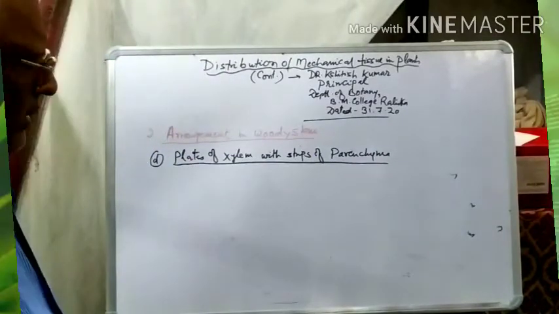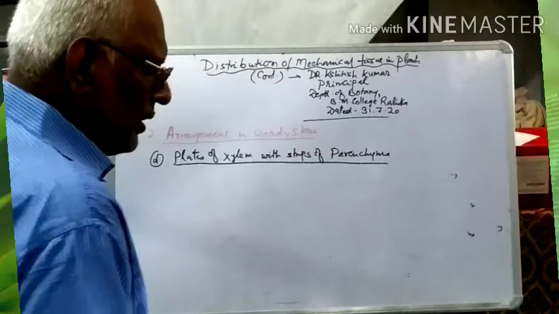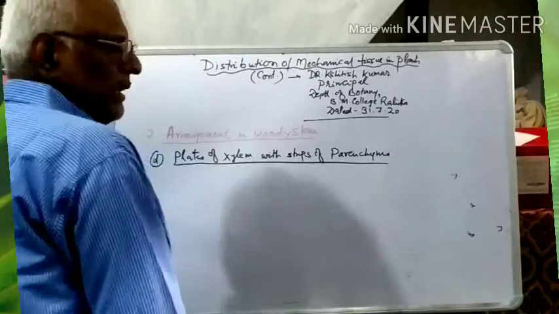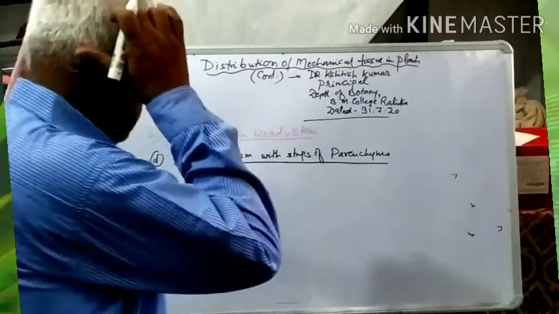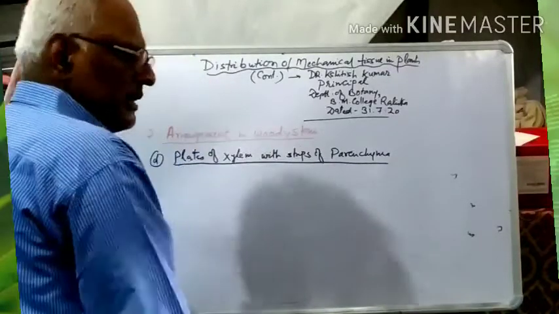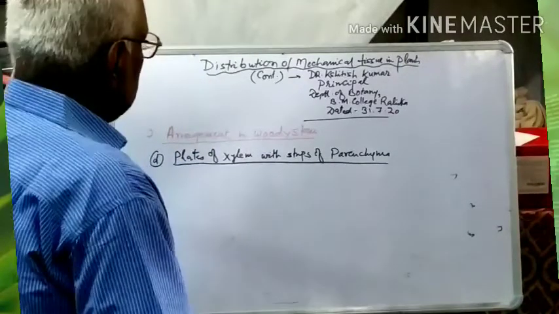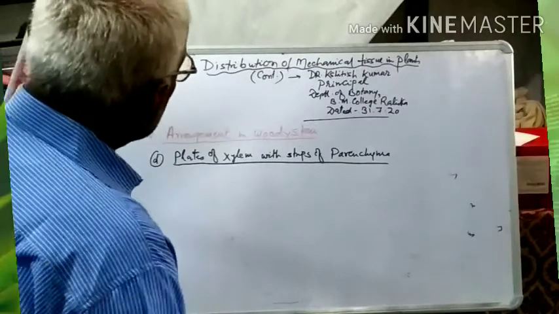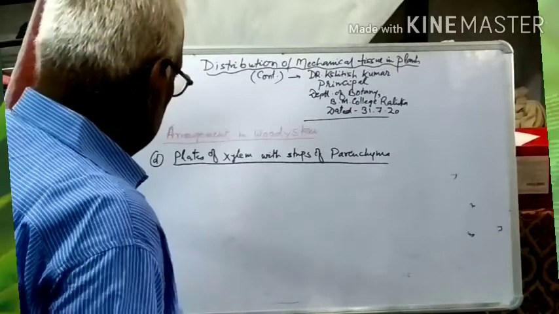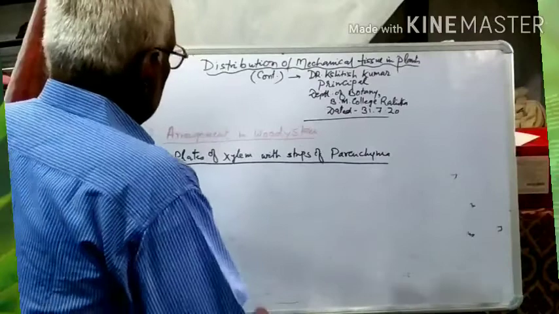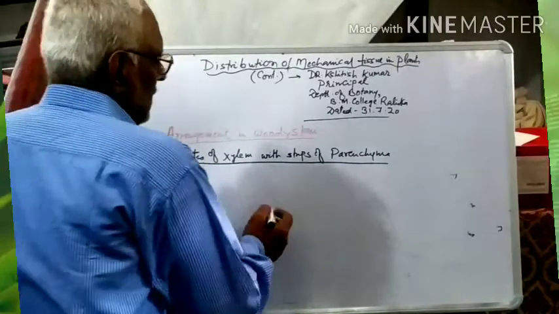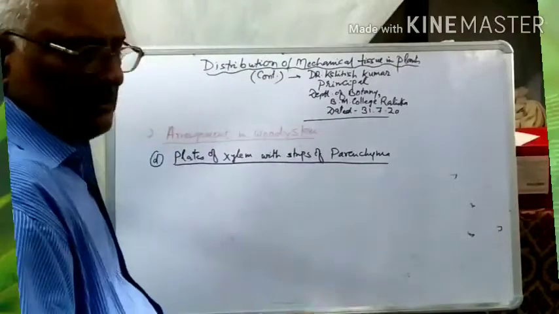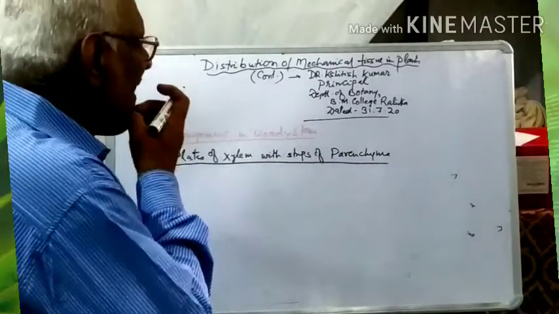Just recall, when we were talking about anomalous secondary growth, we came to the anomalous type of secondary growth in Begonia, in which we have seen that during the secondary growth, the behavior of cambium is abnormal.